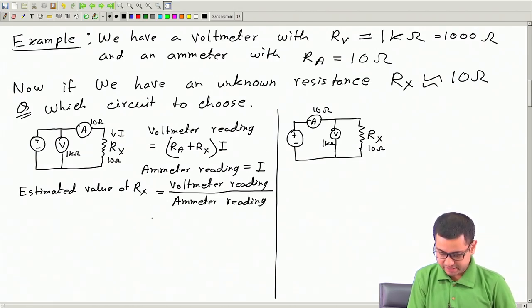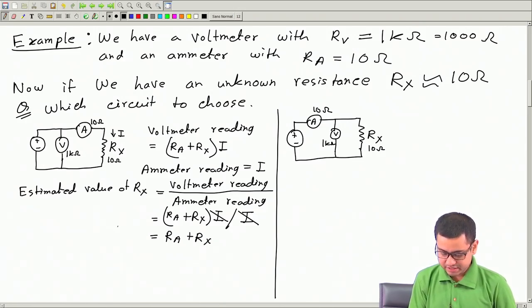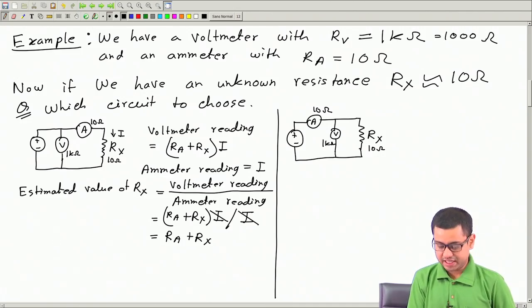So the voltmeter reading is Ra plus Rx whole multiplied by I, divided by the ammeter reading, which is I. Okay, now this I cancels. So then this is equal to Ra plus Rx. This is the estimated value of Rx, and the true value of Rx is Rx itself.